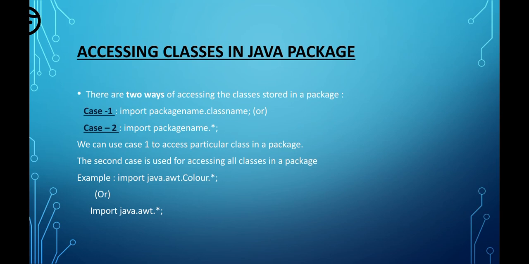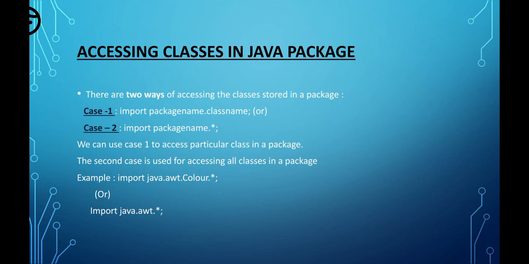So how do we access classes in a Java package? Just use import, your package name, thereafter dot class name, or else you can use import package name dot asterisk. What is the difference between these two syntaxes? If you use import package name dot class name, you can access only the class which was named by you.